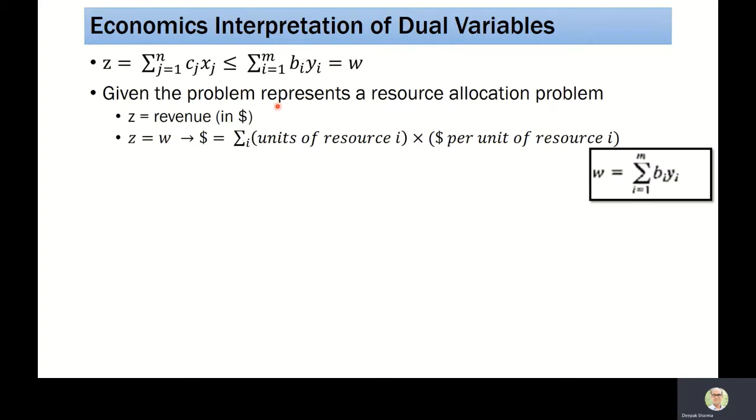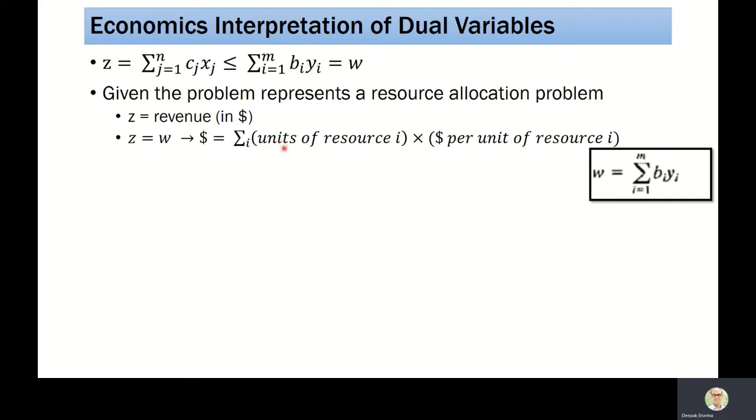Now we are taking a resource allocation problem. We can see that it is similar to the TOYCO problem where we want to maximize our revenue. Since we want to maximize our revenue, Z will be in terms of dollars. Since Z equals omega at the optimum, omega should also be in dollars. Now, if we look at the equation of omega, this is bi yi.